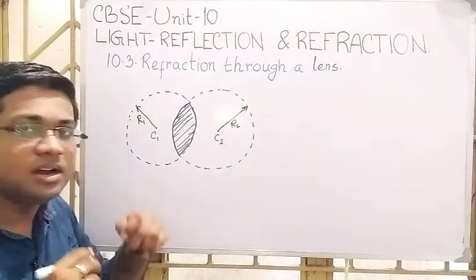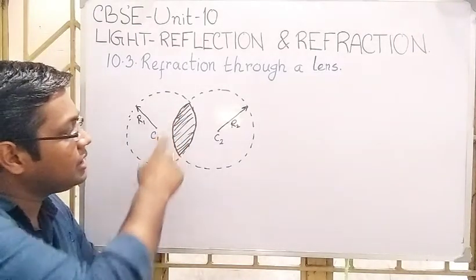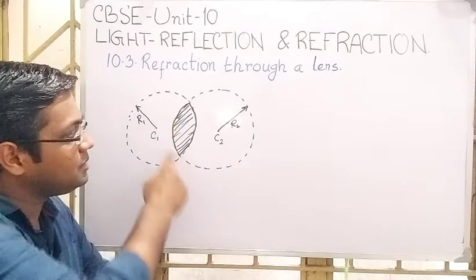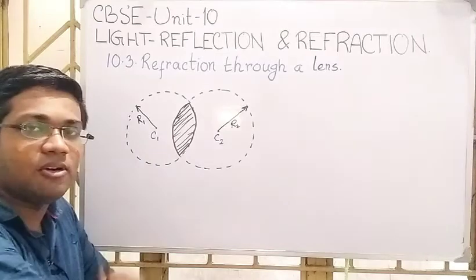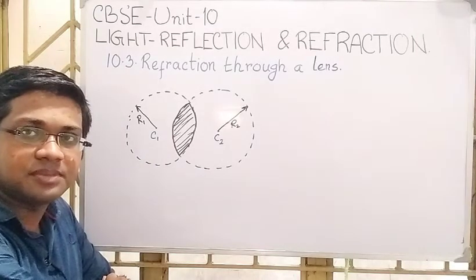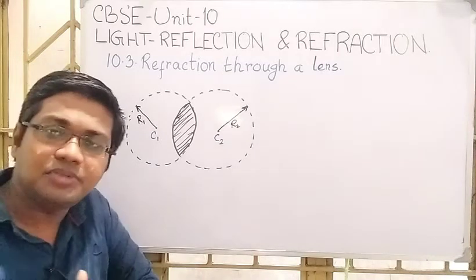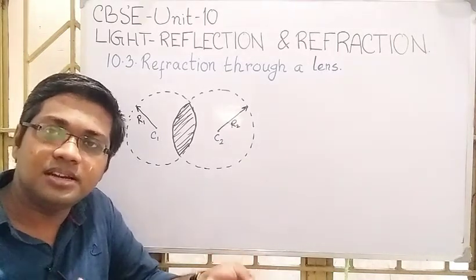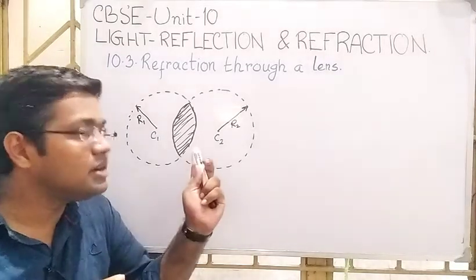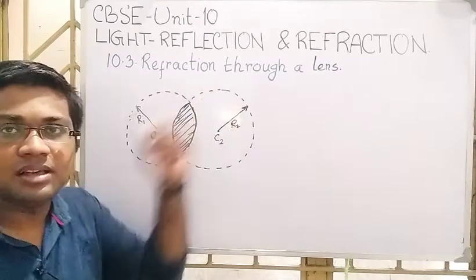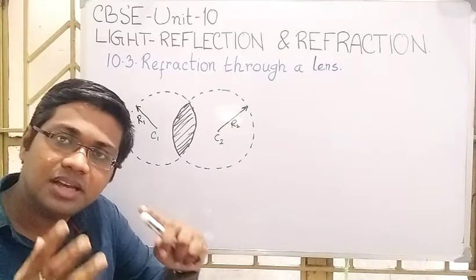C1 and C2 are the centers of curvature, and here they constrict an optical medium, and this optical medium is called a lens. Because we know that to reflect light we need a surface, an interface, a two-dimensional plane. But in case of refraction we need a medium, that is a three-dimensional thing.